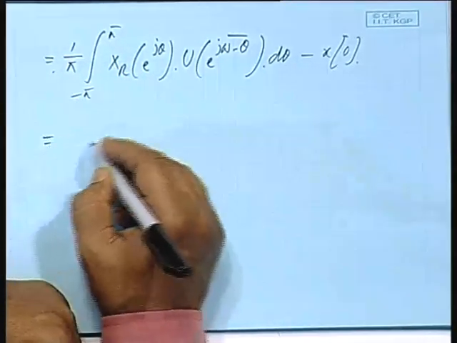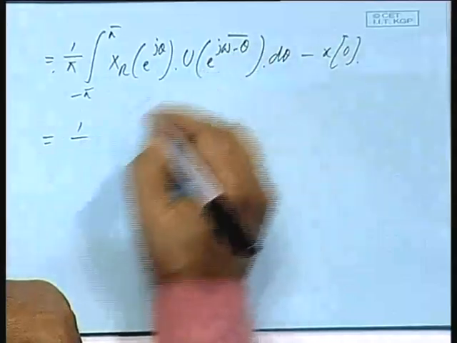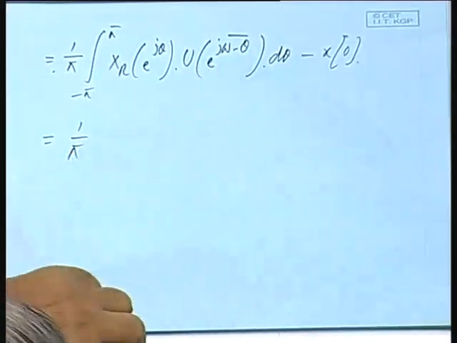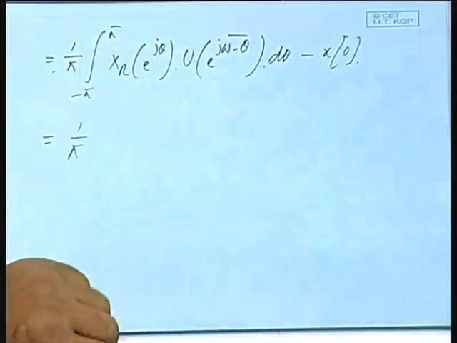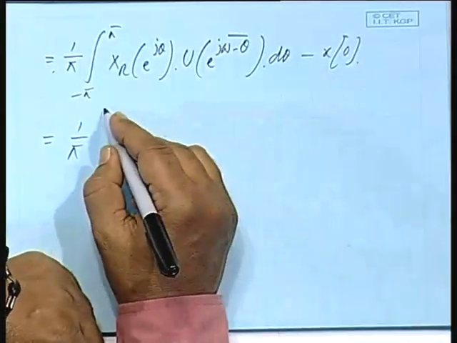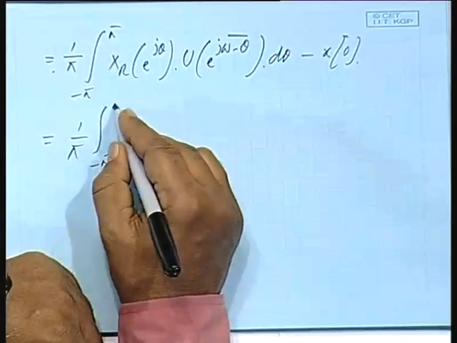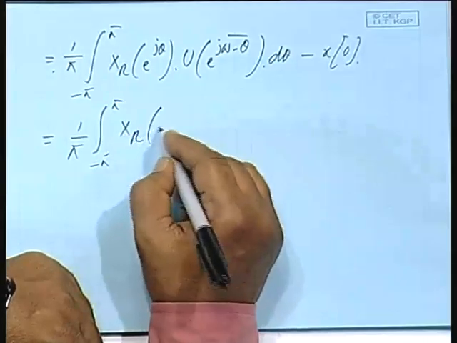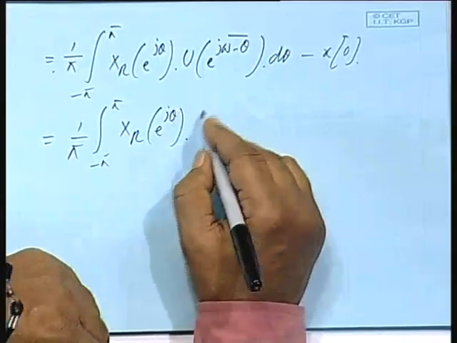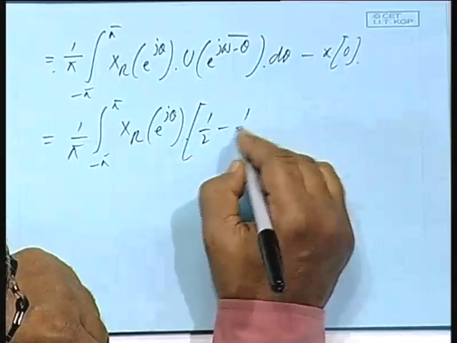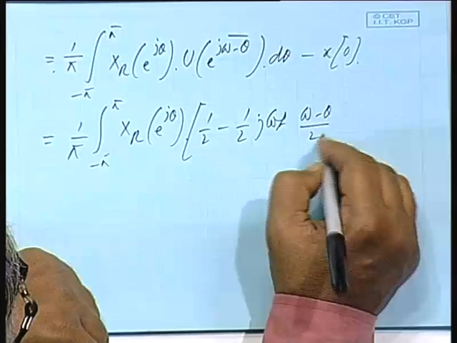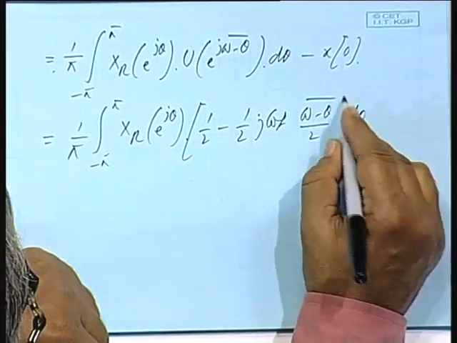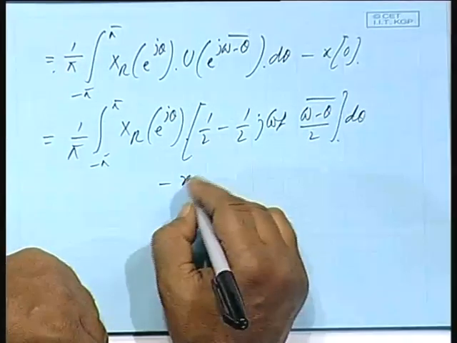So, finally, if I now substitute the values of this function, which was giving me this, I finally get e to the power jθ, half minus half j cotangent (ω − θ) by 2 dθ, minus x[0].